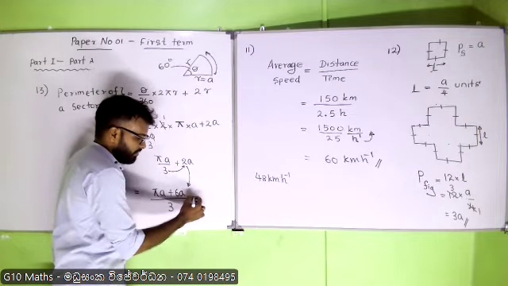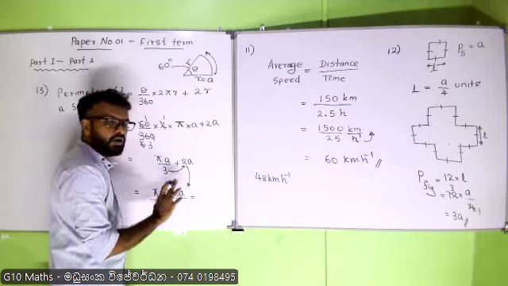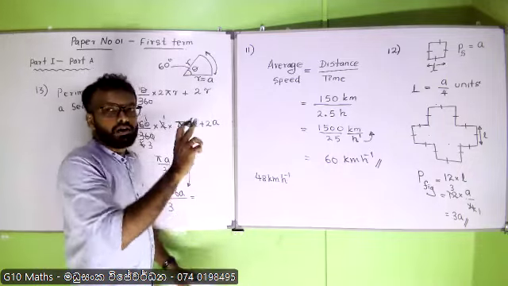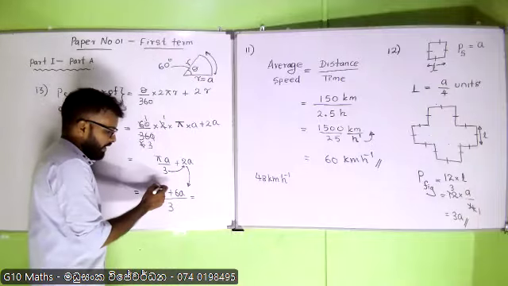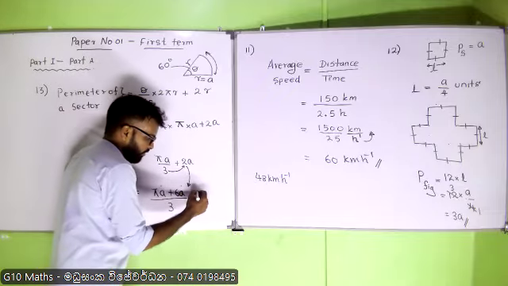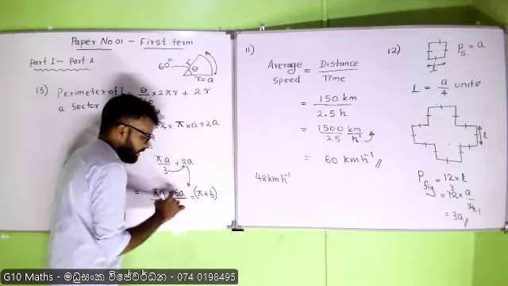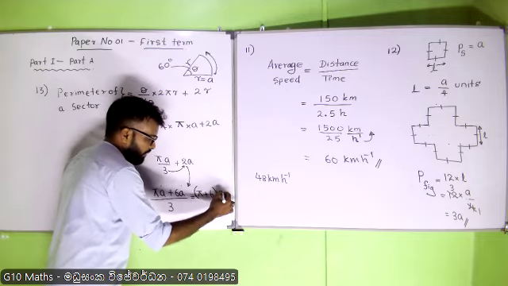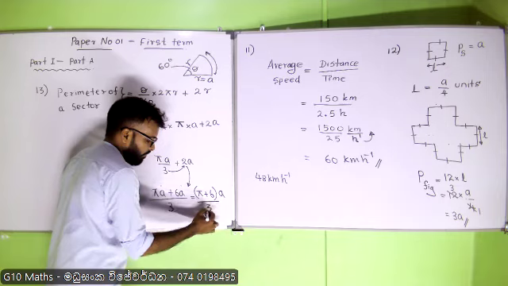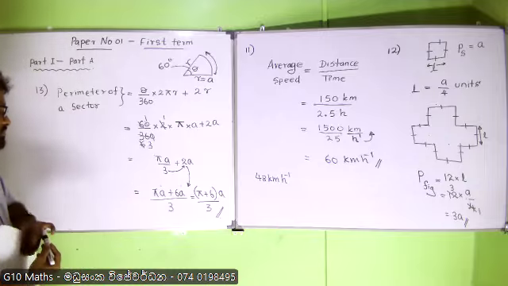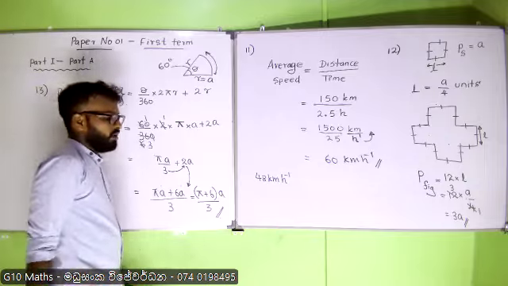Alright, so now we are one step closer to our answer. So take the common term A out from the bracket: pi plus 6, divided by 3. So this is it.